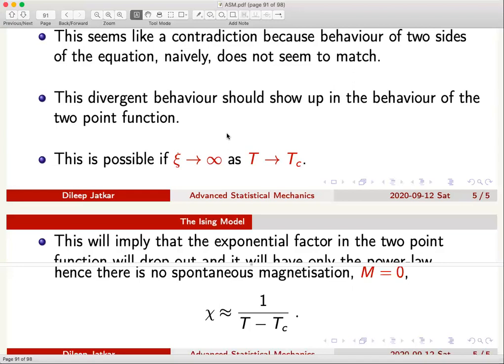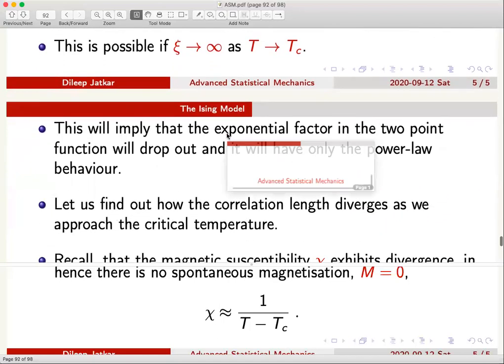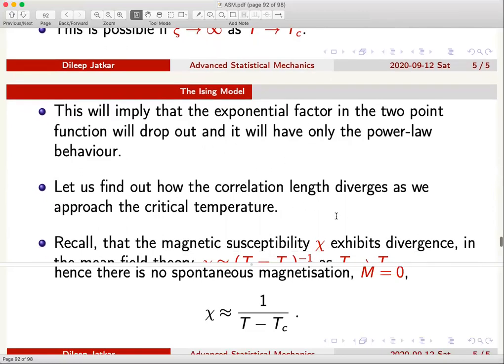Tc is a temperature at which this correlation length diverges and the system reassembles into either an ordered state or a disordered state, depending upon which way you are crossing the critical temperature. So as I said, the exponential factor gets killed if c goes to infinity, and therefore the correlation function, or the 2-point function, basically has only power law behavior.